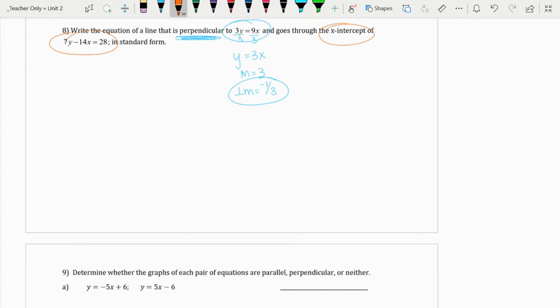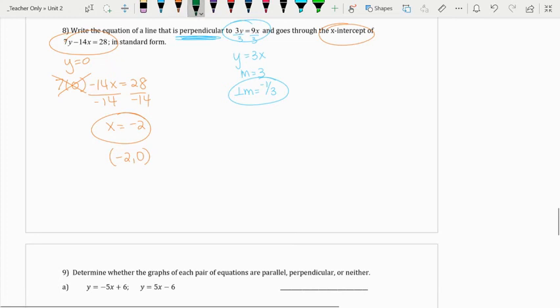Now I need to go through the x-intercept of this equation. Now remember, to find the x-intercept, all we have to do is plug in for y equals 0. So we have 7 times 0 minus 4x equals 28. 7 times 0 would cancel. Divide by -14, and x is -2. So that means it goes to the point -2, 0.